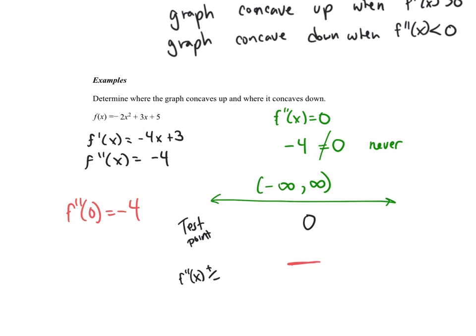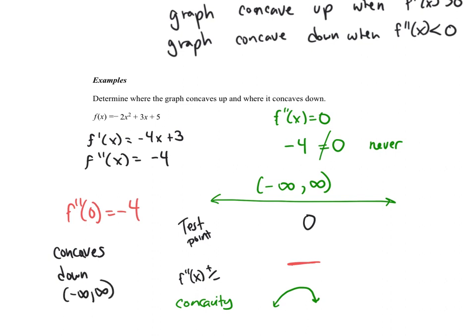Well, we said when the second derivative is negative, this graph concaves down. So when we talk about the concavity, it is going to arch down. It concaves down on the whole domain, so we say it concaves down on negative infinity to infinity.